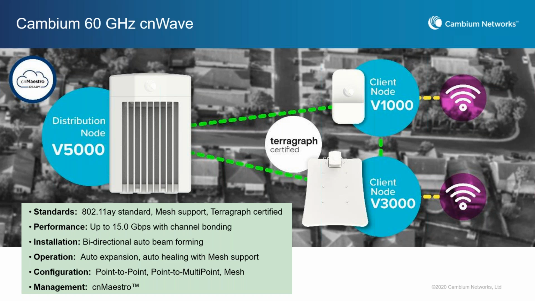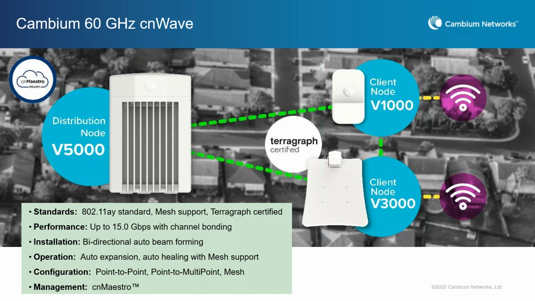Once you have the network set up, the configuration will be pushed down from the end-to-end controller to all the devices. So we really remove the configuration work in the field. The installation is far easier with both the beamforming and auto-provision capabilities. This is a very high-level view of the 60 gigahertz.